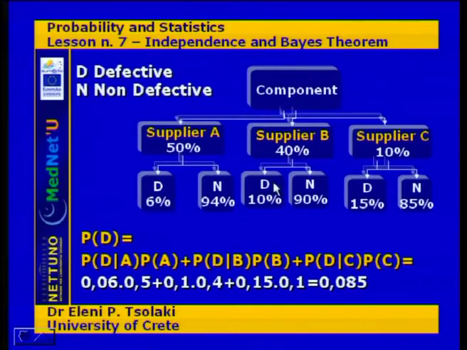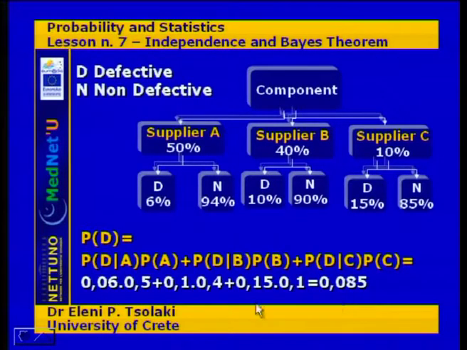Then for this part, we look at supplier B. The component has probability 0.1 of being defective when supplied by supplier B, times 0.4, the probability of a component having been supplied by supplier B. We multiply these numbers, plus the probability that the component is defective when supplied from supplier C, 0.15, times the probability that the component came from supplier C, 0.1.